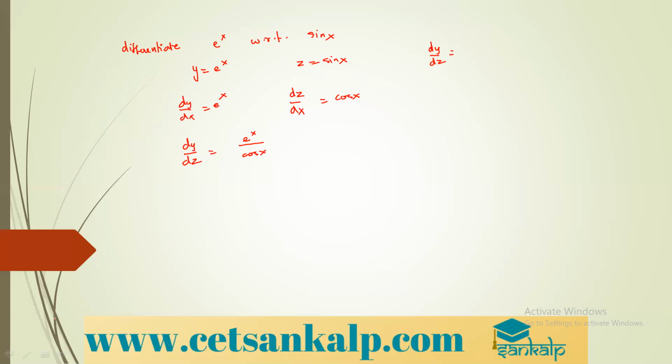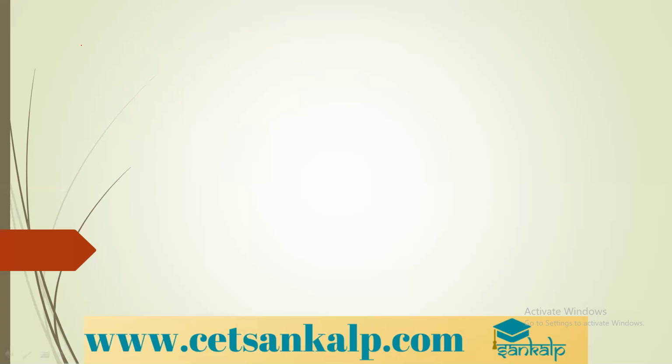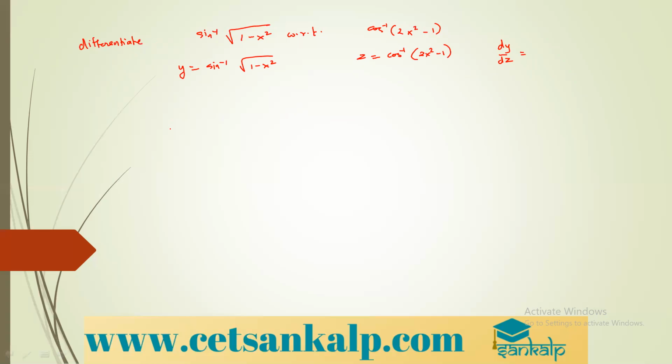Sometimes you may be asked to find the derivative like this, or something like this the question may be. Differentiate sine inverse root of 1 minus x square with respect to cos inverse 2x square minus 1. That means you will take y as sine inverse root of 1 minus x square and z as cos inverse 2x square minus 1, and your work is to find dy by dz.